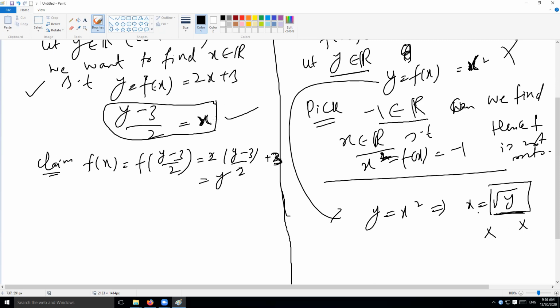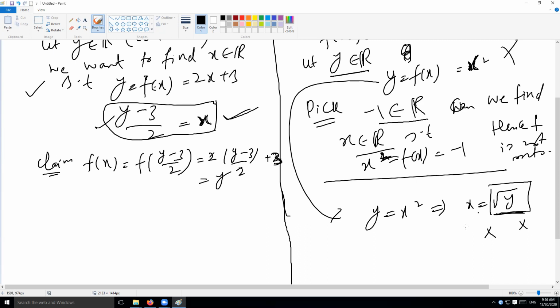For example, here, the formula for x in the terms of y is always a real number. So if y is a real number, y minus 3 upon 2 is a real number. But here, x equal to square root of y is not always a real number. If y is negative, it's not a real number actually. So if there are some y's for which x is not real numbers, your function is not onto.